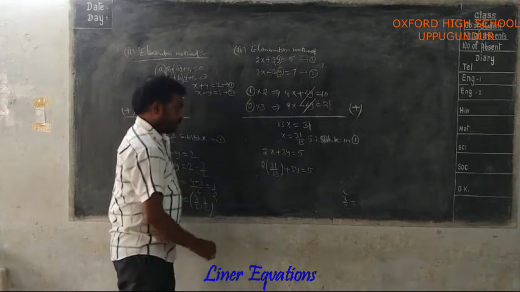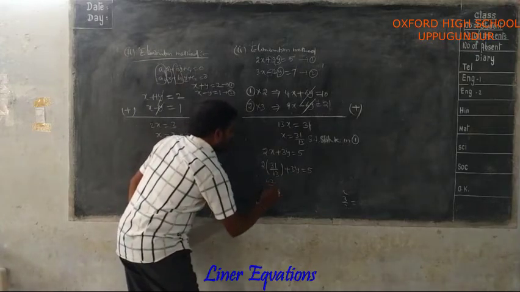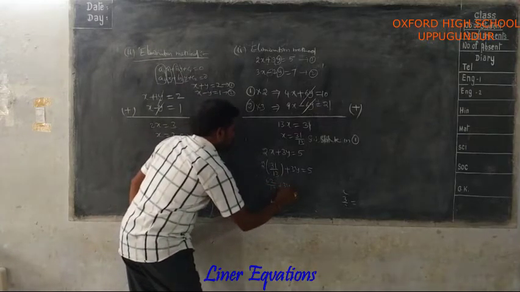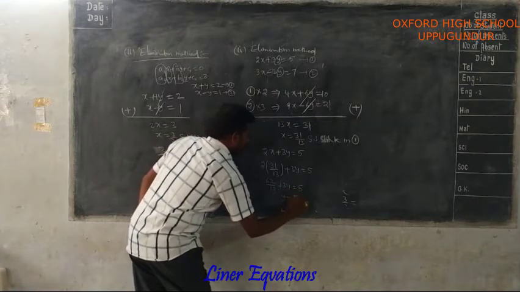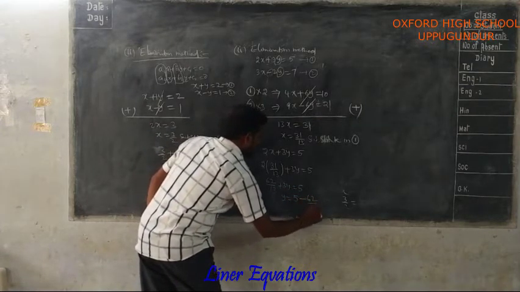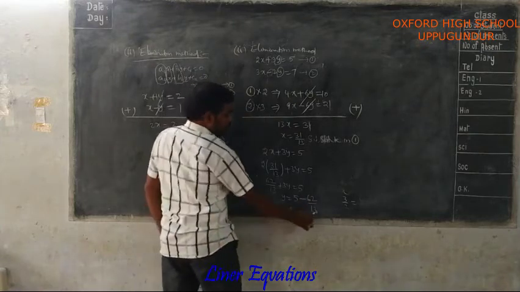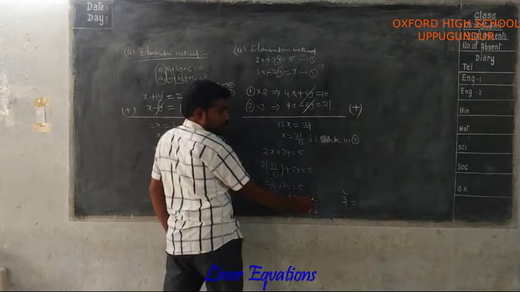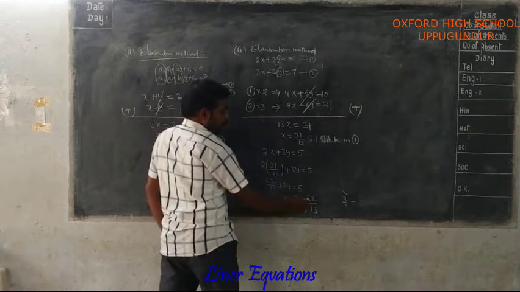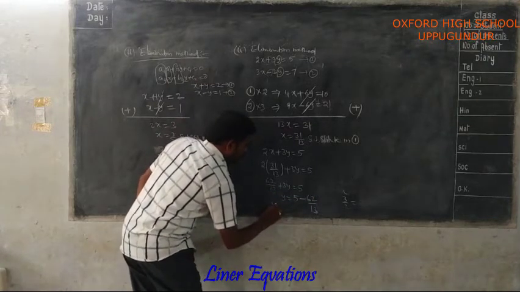62 by 13 plus 3y equal to 5. 3y equal to 5 minus 62 by 13. 13 fives are 65. 65 minus 62, 3.